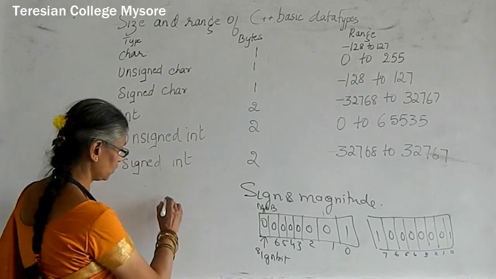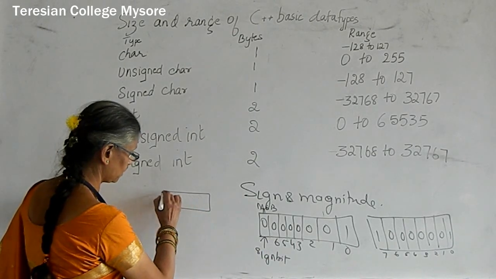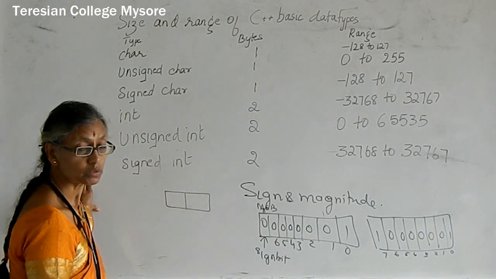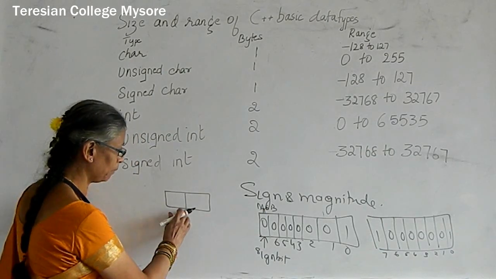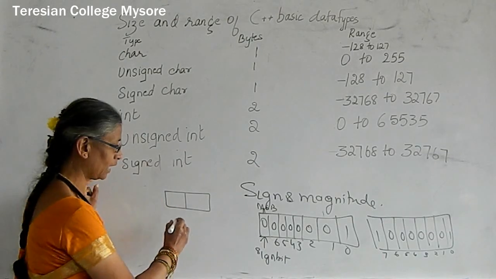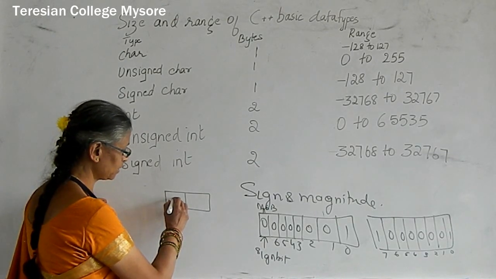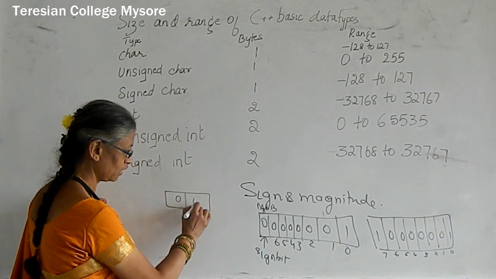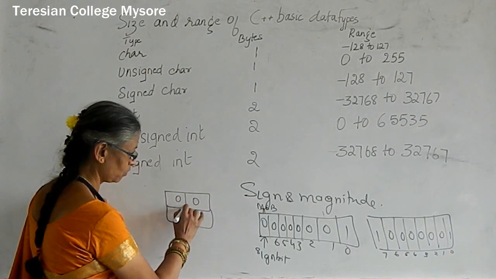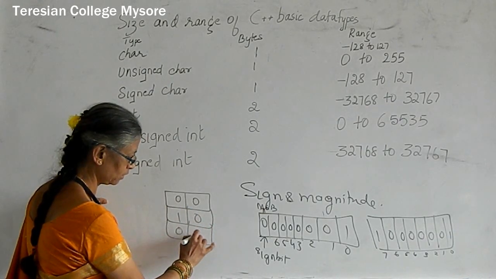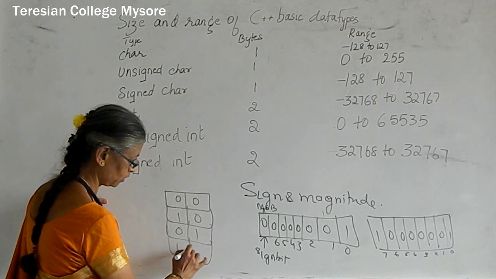Let us now take up a smaller example. Suppose I want to store a number using 2-bit space. The numbers which I can store in 2-bit space are 00, 10, 01, 11.